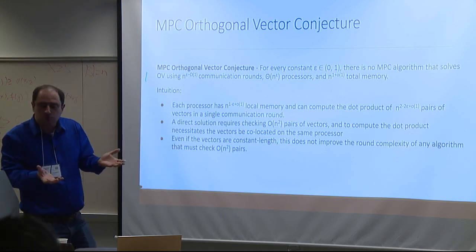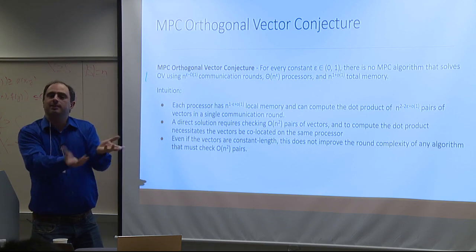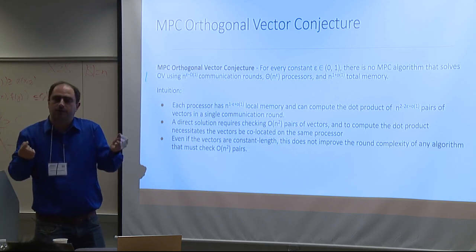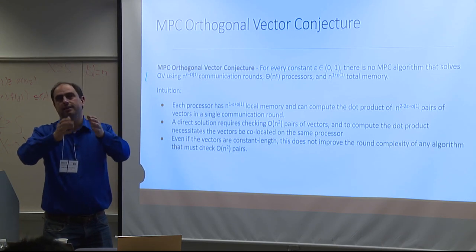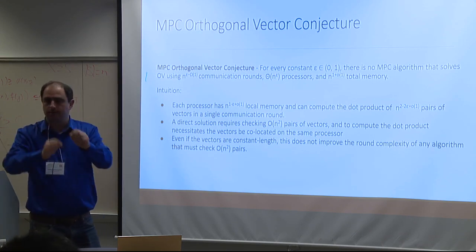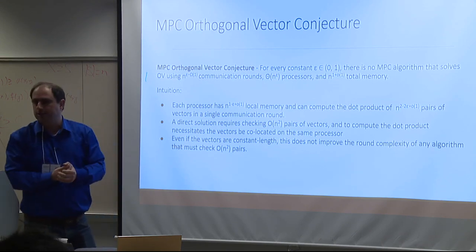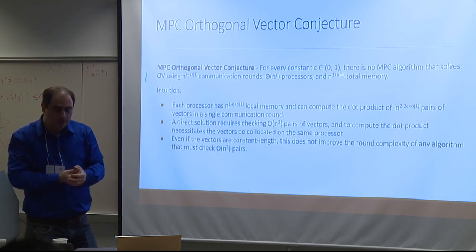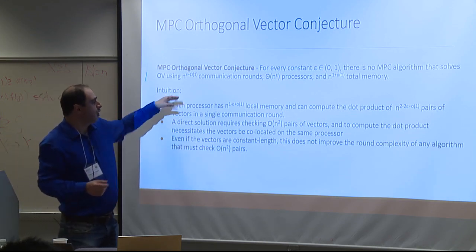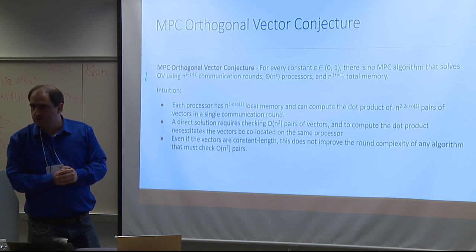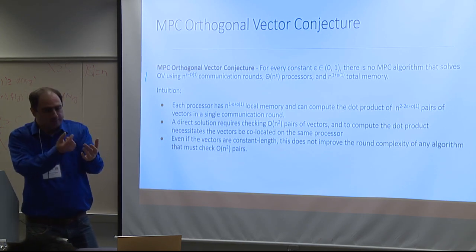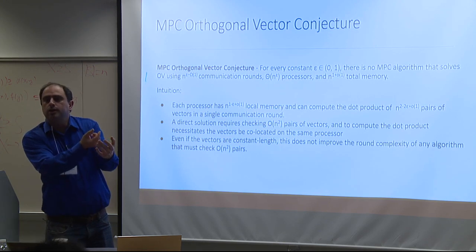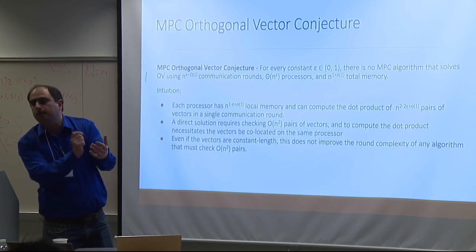So how can you do that? Let's see, if this is the algorithm, that is the best thing you can do. You have n choose 2 pairs for which you need to compute the products, which is n square. Now, how many machines do you have? n to the epsilon. How much space do they have? n to the 1 minus epsilon. Which means each of them can handle n to the 1 minus epsilon choose 2 pairs.